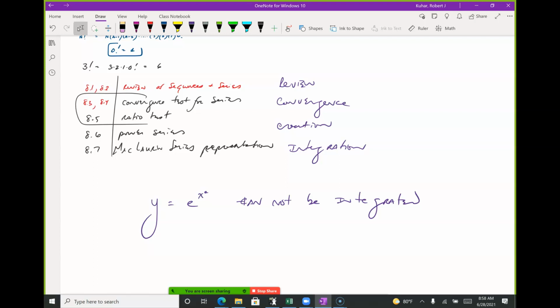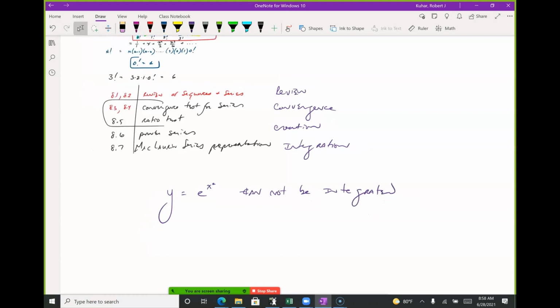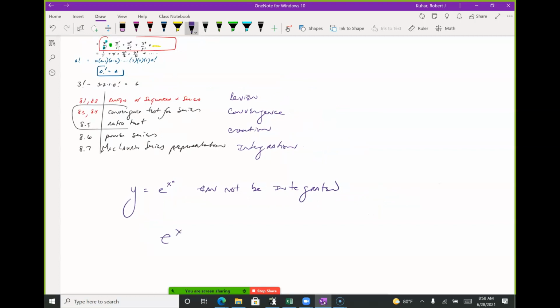So what we're going to do, and remember this is 8.7 I'm talking about right now, we're going to turn this into a series and then integrate it. And we already know that e to the x is represented, well, I didn't show you how I came up with it, or I didn't come up with it, of course, as the sum from n equals 0 to infinity of x to the n over n factorial.